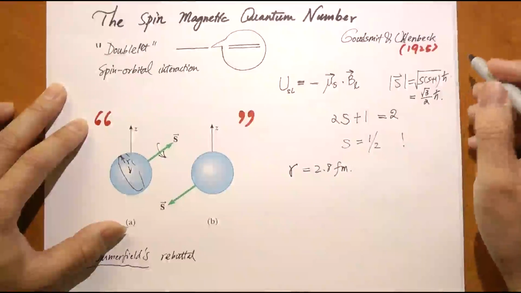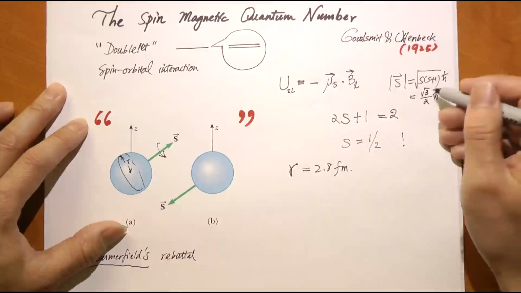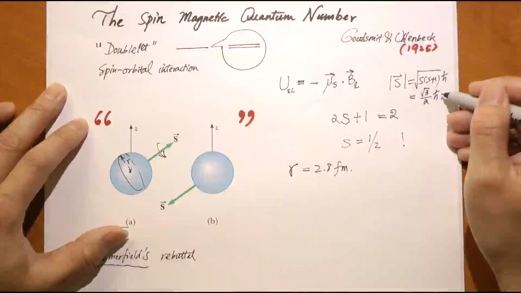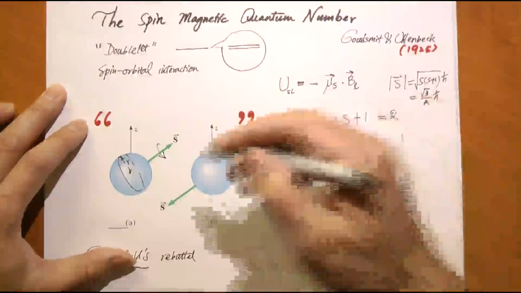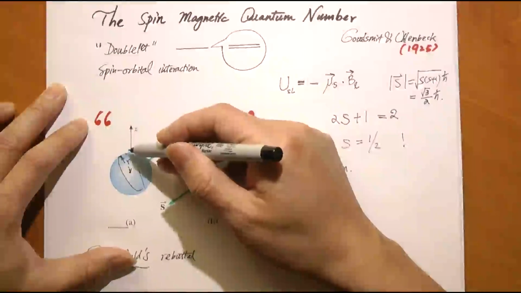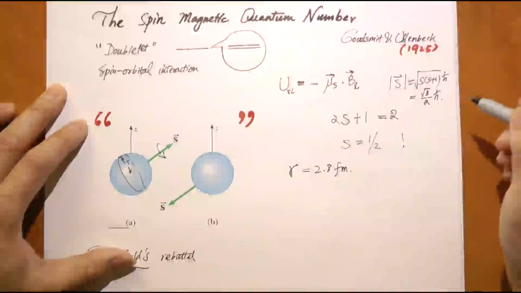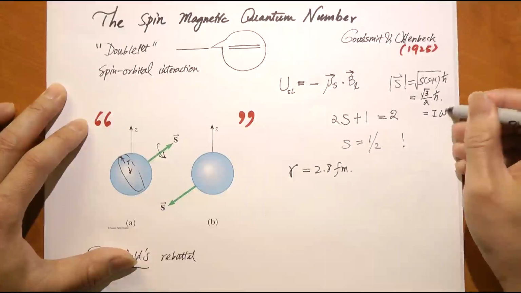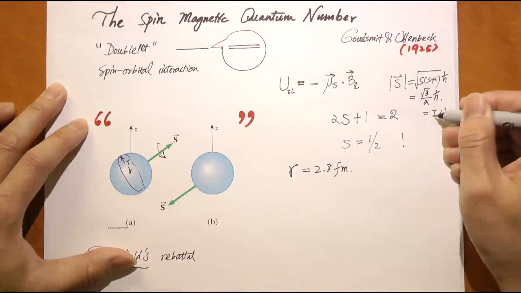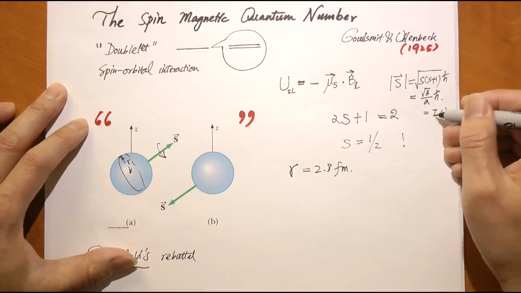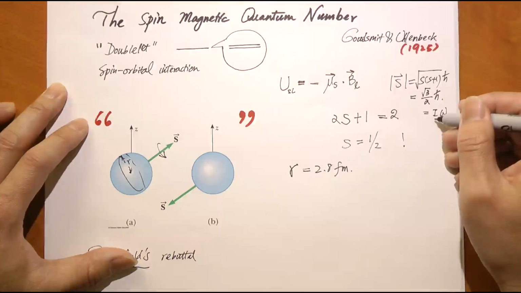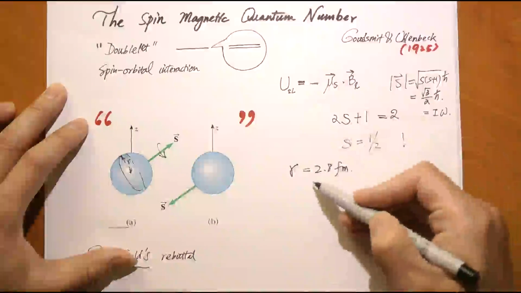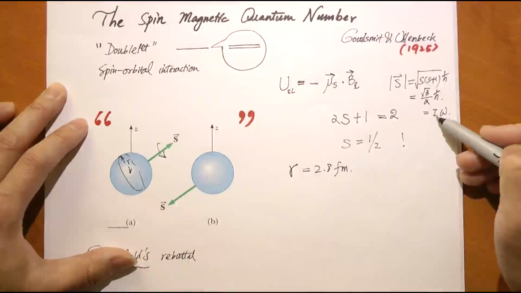It's about 1.7 divided by 2 times h bar. In order to produce this kind of angular momentum, how fast does this electron have to spin? You can calculate the spin rate, right? You set this equal to I times omega. I is the rotational inertia of a sphere, which is 2/5 m r squared, m being the mass of the electron, r being 2.8 Fermi. You can find what I is.